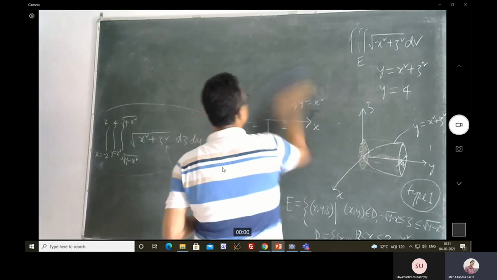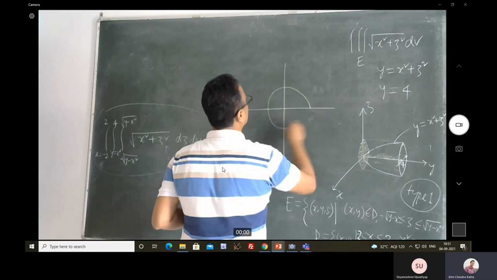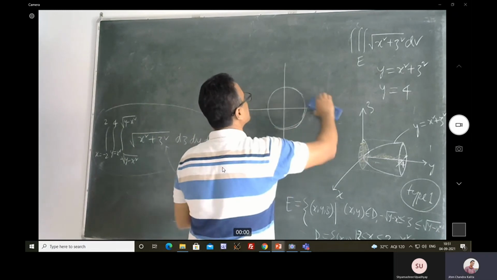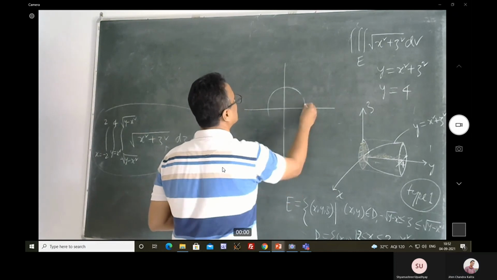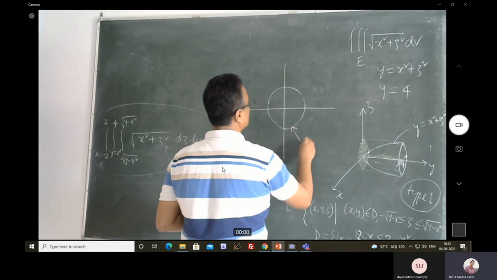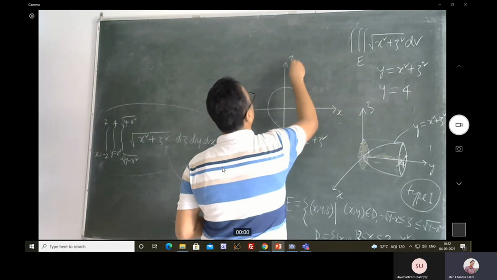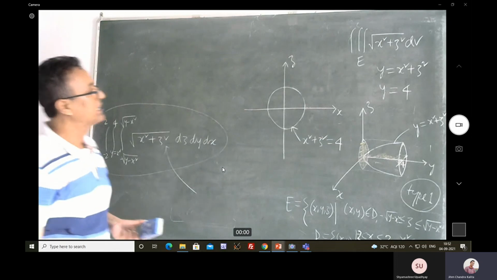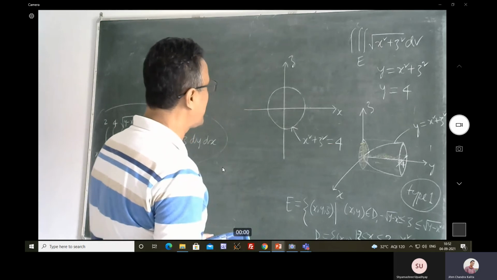So this circle has radius 2, with x squared plus z squared equal to 4. So this is going to be my D. And then how are we going to perform it?